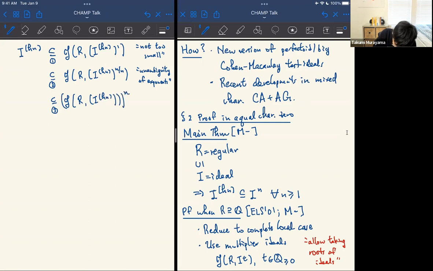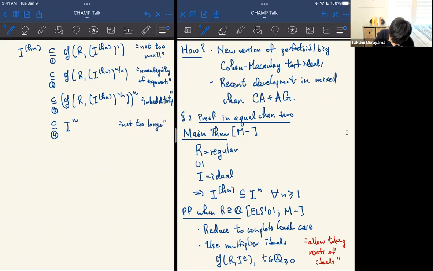Oh, I forgot the 1 over n there, so let me put that back in, 1 over n, and match the parentheses correctly. This is called subadditivity. And the last thing you need is to include the thing inside the parentheses instead of I. Schwede called this not too large.